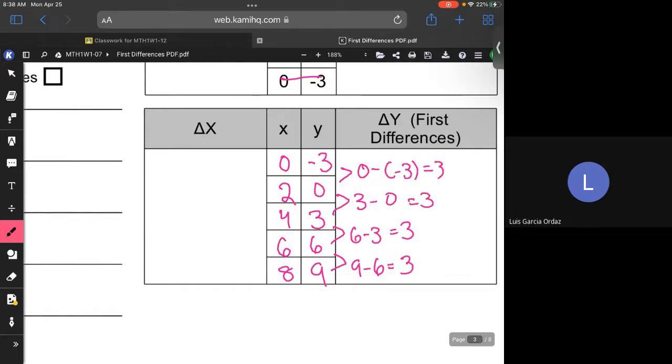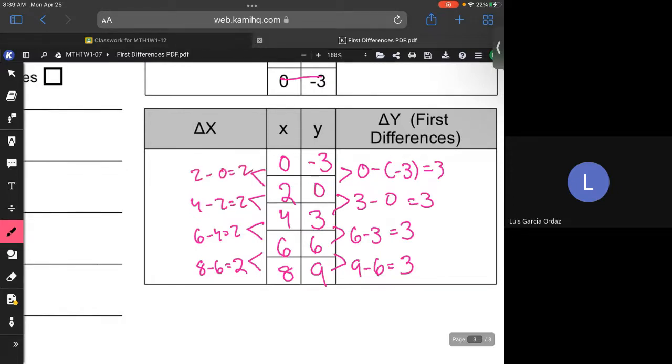Now I need to make sure that my changes in x are the same as well. All I'm doing is making sure they go up in the same interval as they should. So again, start from the bottom, work up. 8 minus 6, 2, 6 minus 4. Okay, keep going. And 2. So are my changes in x the same?